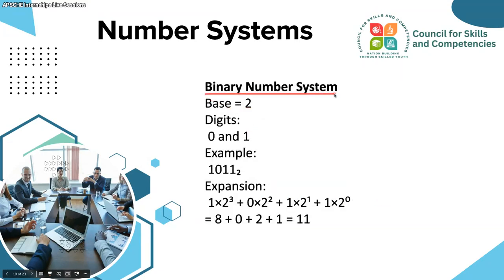Next, the binary system is base 2. It has a 0th place, first place, second place, third place. Since the base is 2, you use powers of 2 and you get its decimal equivalent. That is the idea behind the binary number system.